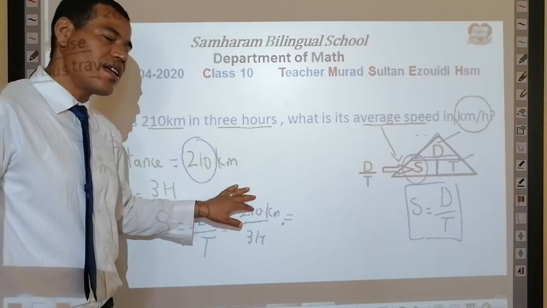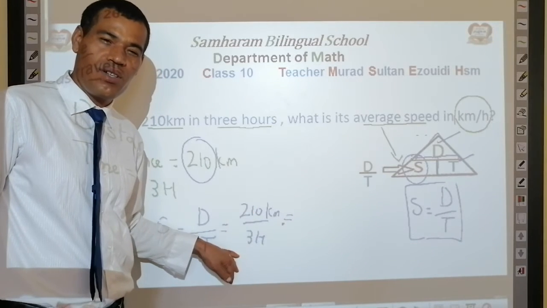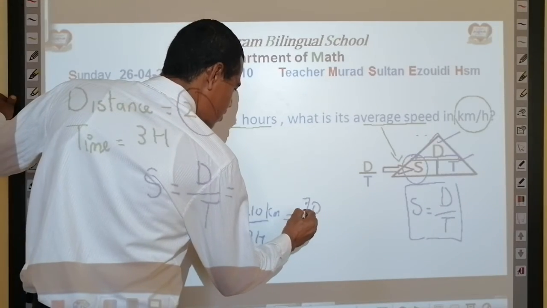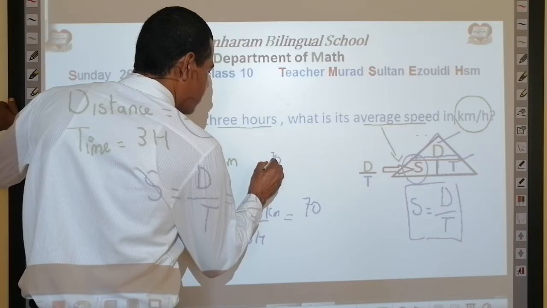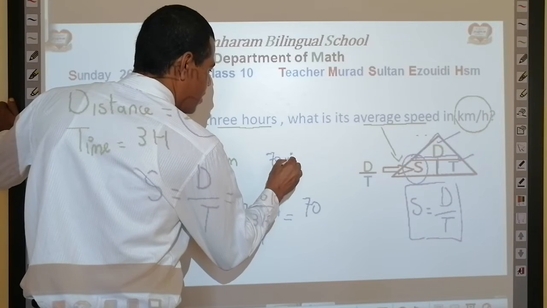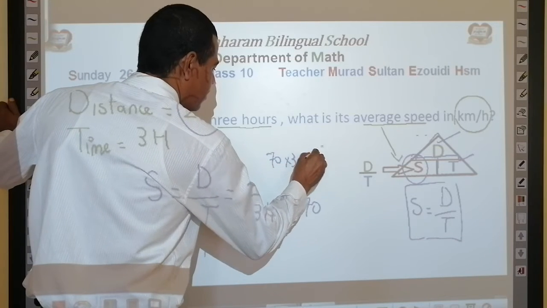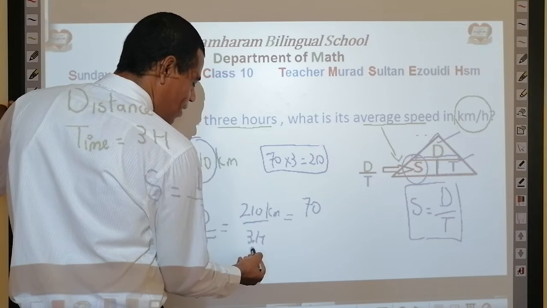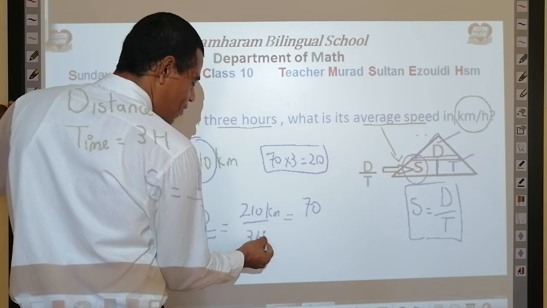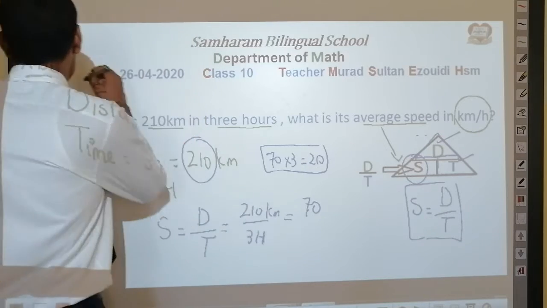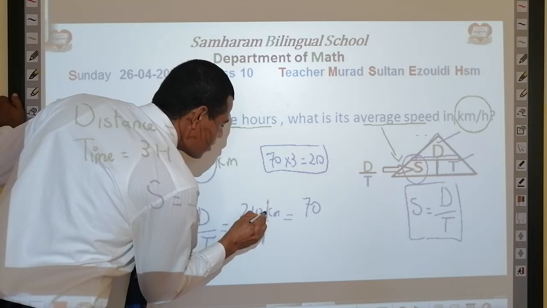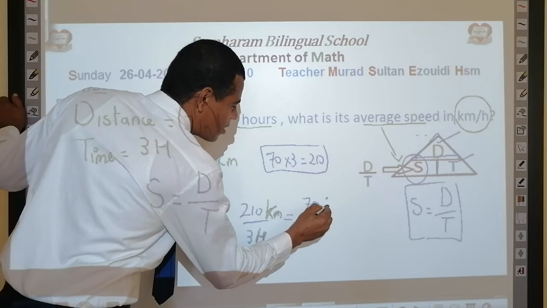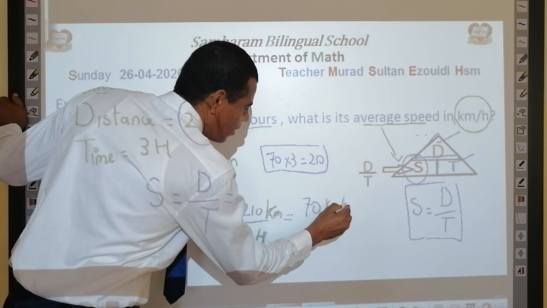So 210 over 3 is 70, because 70 multiplied by 3 gives 210. What is the unit, my learners? The unit is kilometer per hour.